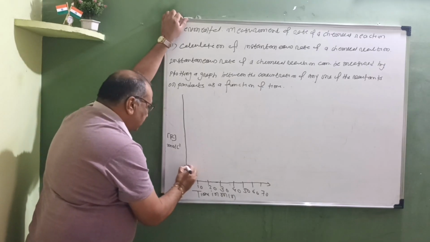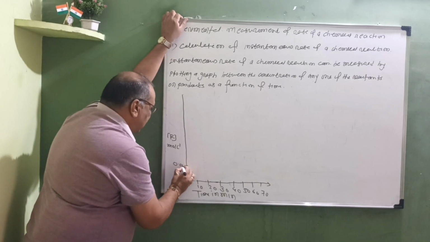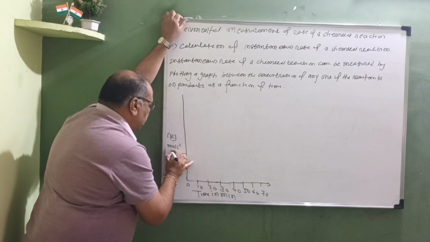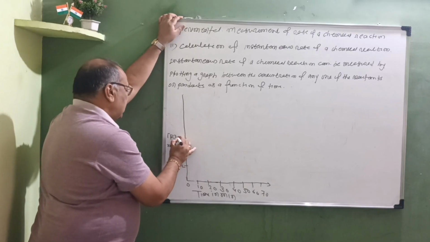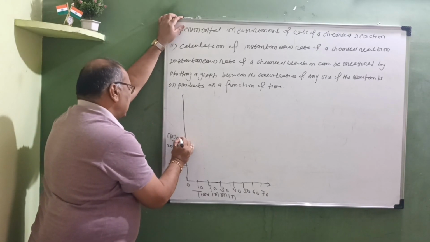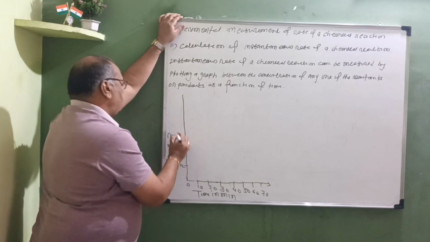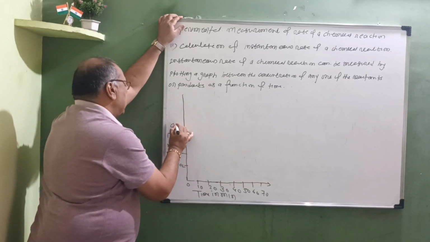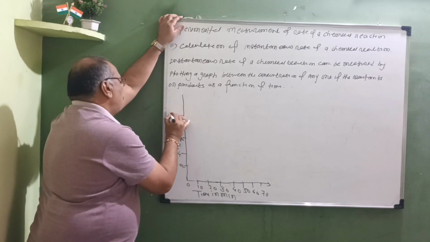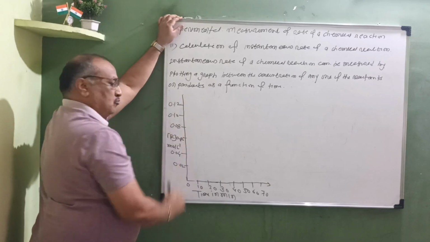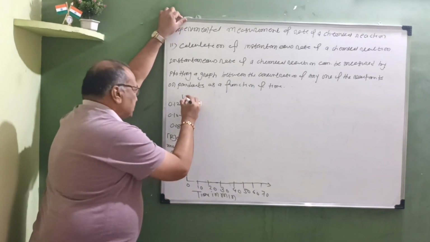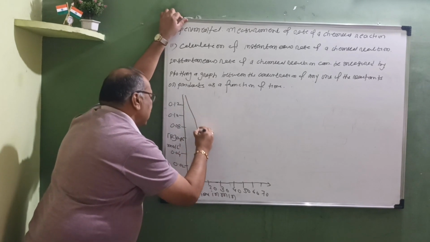That is 0.02, 0.04, 0.06, 0.08, 0.10, and here 0.12. You will get the graph like this.